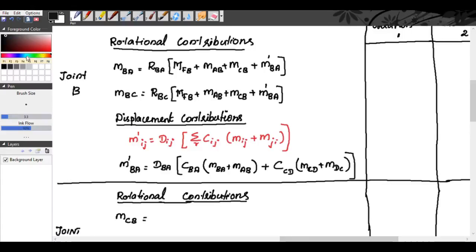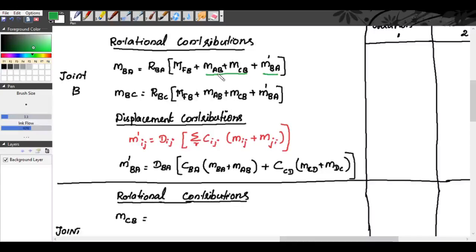Here RBA and RBC remain the same always, right? So it is the rotational factor multiplied by the restrained moment plus the rotational contribution from the neighboring joints plus displacement contribution from the neighboring columns.